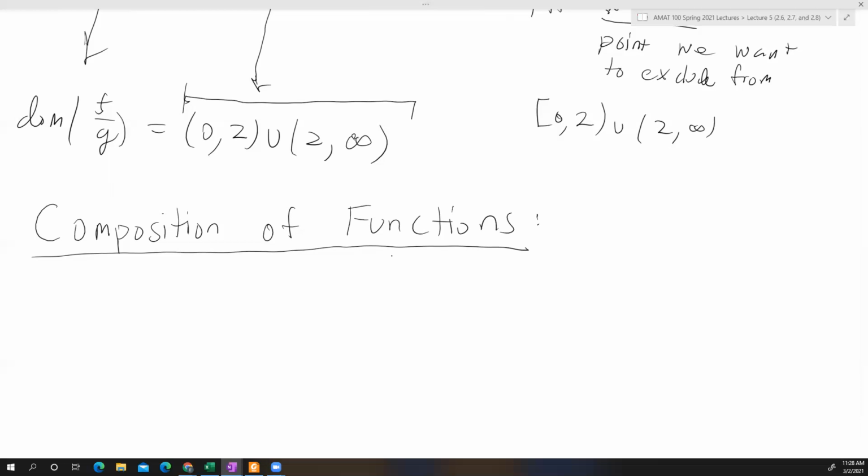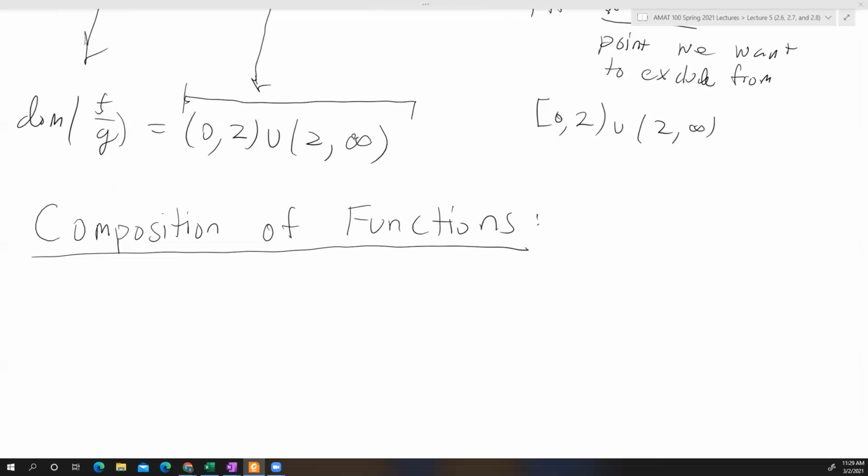With composition, you want to apply the rule of f and g, but not simultaneously. You want to do one rule after the other. And you do this by so-called composing the functions. It's not something we haven't seen.